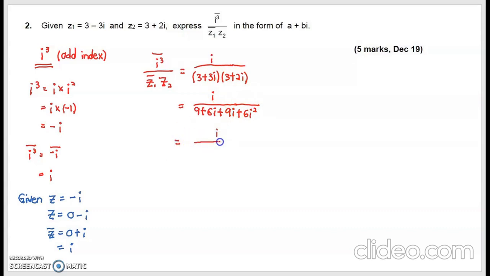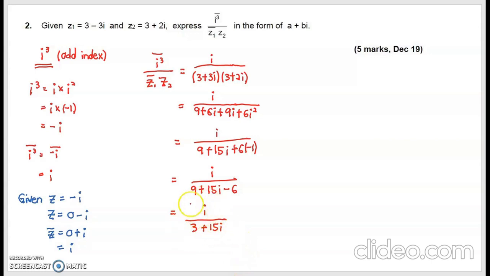I over 9 plus 15i plus 6i squared, where i squared is negative 1. So next, i over 9 plus 15i minus 6, because 6 times negative 1 is negative 6. So here is i over 9 minus 6, which is positive 3, plus 15i.